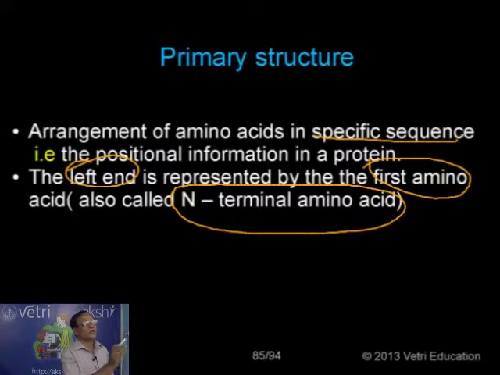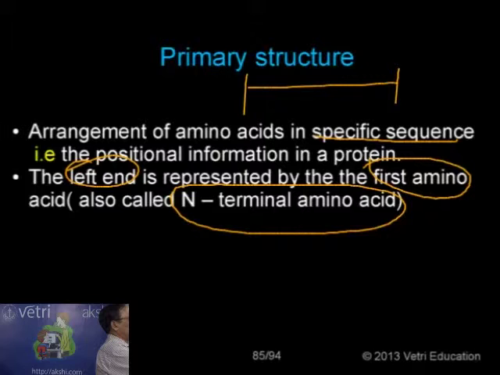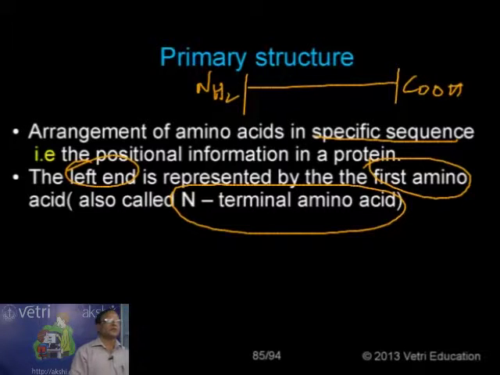That is why it's called the N-terminal amino acid. The right end is normally represented by an amino acid with a free carboxyl group, and that is also the last amino acid. Suppose you're taking 100 amino acids, 1 to 100. Here we have the N terminal having the free amino group, and the last amino acid is represented by an amino acid with a free carboxyl group.